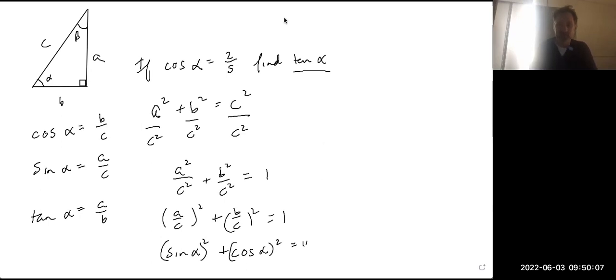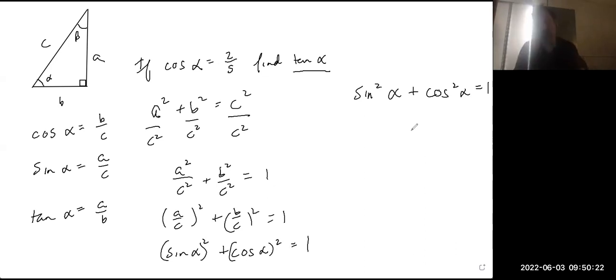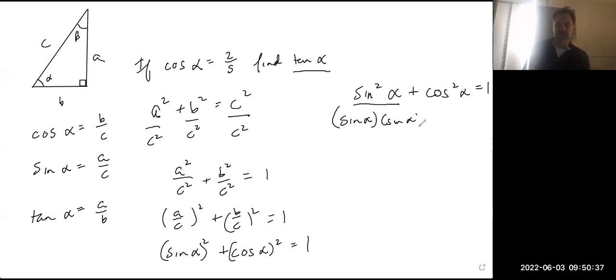And typically we write that with the square symbol on the sine and the cosine part, so sine squared alpha plus cosine squared alpha. Just to be clear, we're not saying the sine of alpha squared and the cosine of alpha squared. I wrote the parentheses there, but in order to avoid having to write the parentheses every time, we've just put the square on the sine and the cosine. But what that literally means is sine alpha times sine alpha.